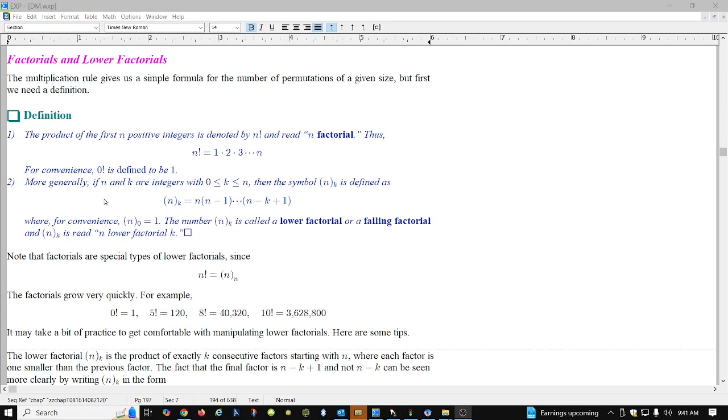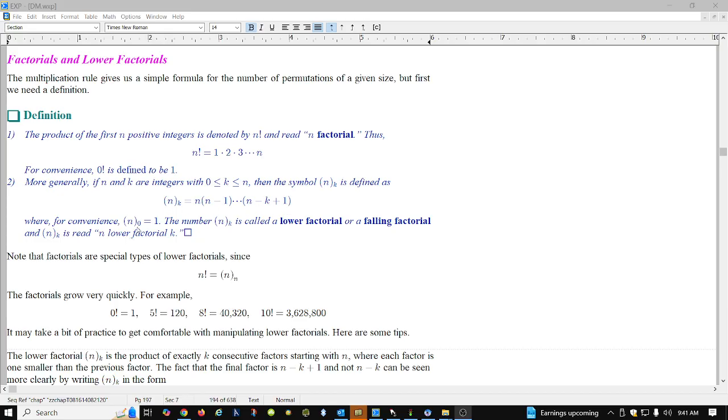Now, more generally, this is something you may not have seen. If n and k are integers in this range, then this symbol, which is n in parentheses and a subscript k, is defined to be n times n minus 1 down to n minus k plus 1.